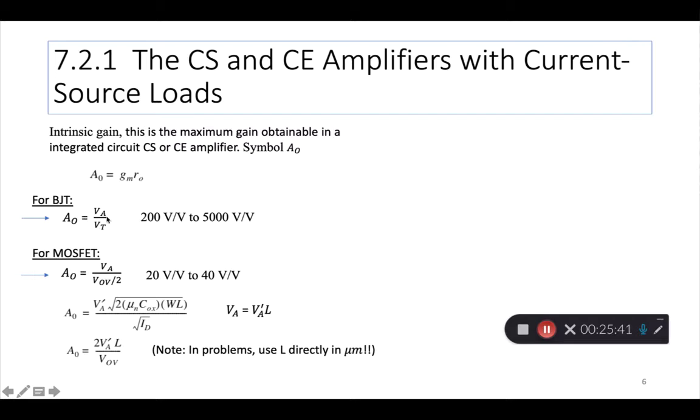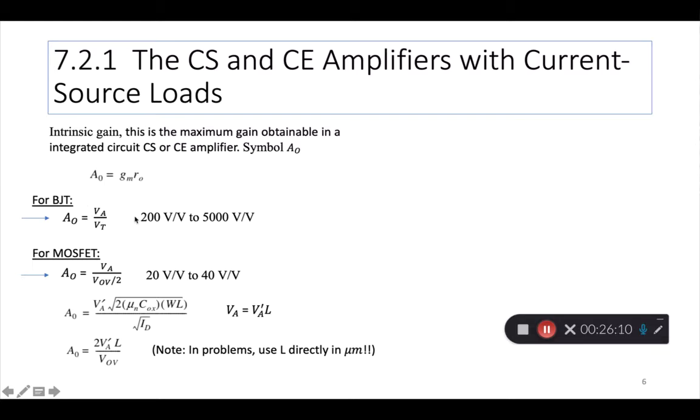Also, what you'll notice here is AO in both cases are very process dependent. That means they don't have too much influence from other circuit components, but they depend mostly on the technology, right?